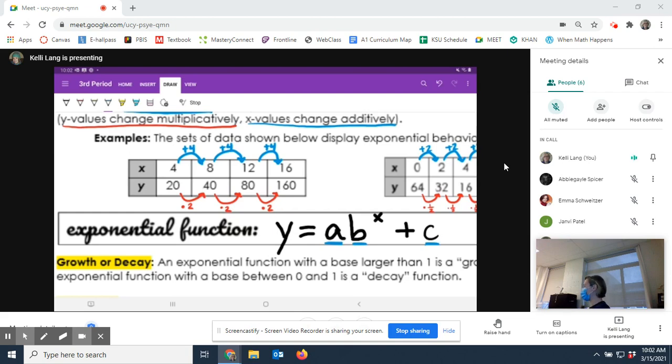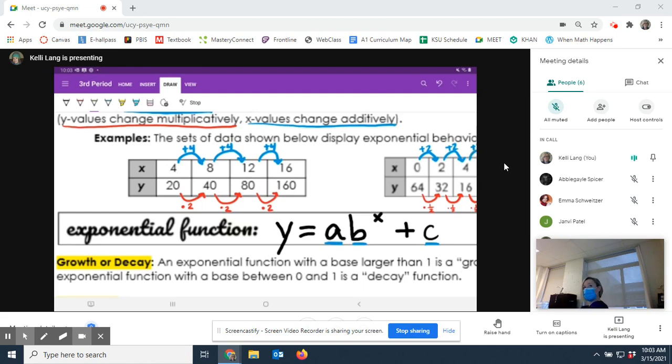Remember, your function always needs to have an x in it because you have to be able to plug things into x. That's what a function is, right? You put things in for x, you get things out for y. So a, b, and c will be numbers, but x will still be a variable. And the other important thing I want to point out is the x is an exponent. You see how it's raised into the exponent position?